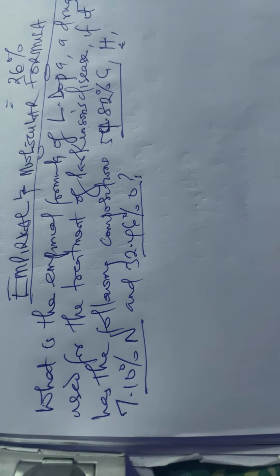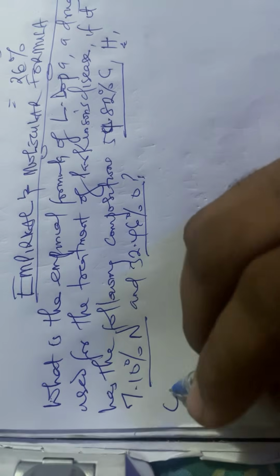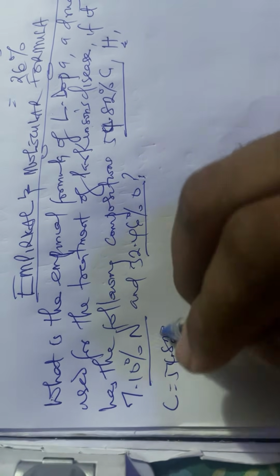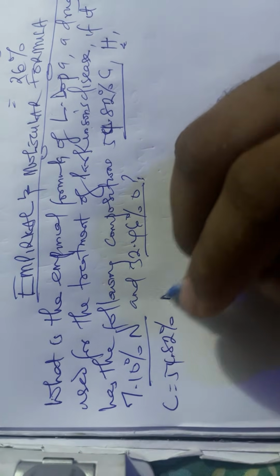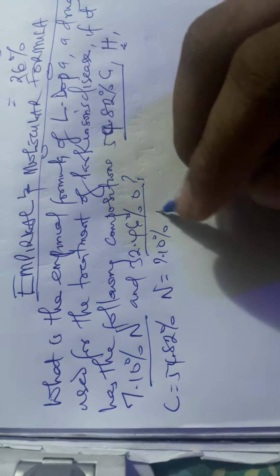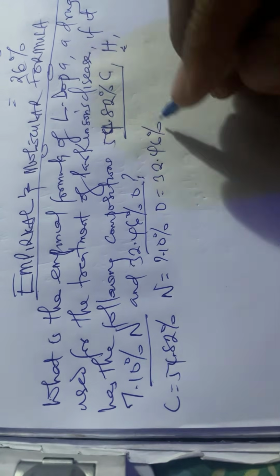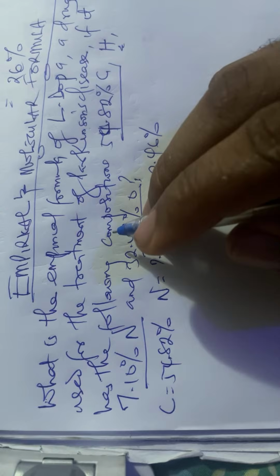So this is actually the question before us. In order to solve this, we have to state our parameters first. Carbon is 54.82%, nitrogen is 7.10%, oxygen is 32.46%. Now, how do we get that of hydrogen? It's very simple.